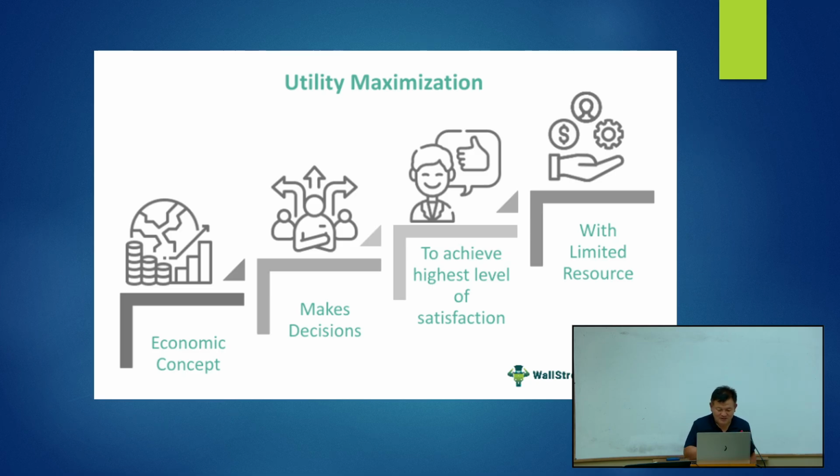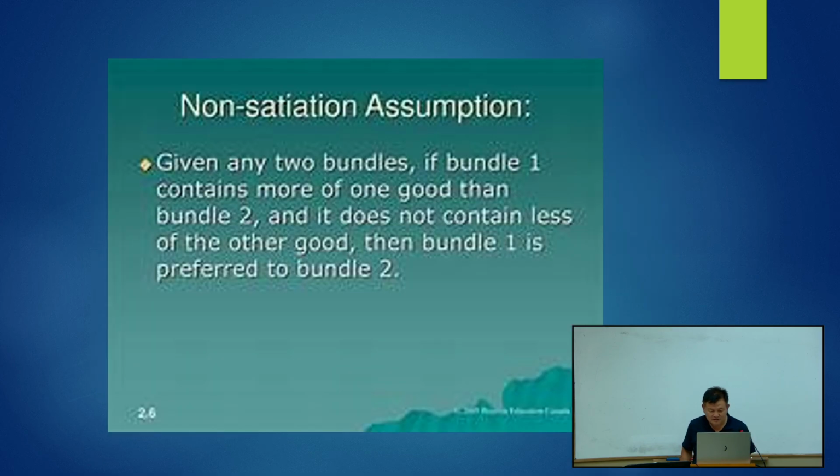So this pattern is the economic utility assumption. The second assumption is non-satiation. Non-satiation means people are seldom satisfied with one trip to the shops and always want to consume more. If you understand consumer theory, we think about three basic assumptions.